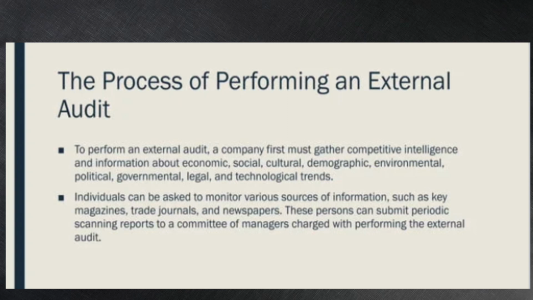Second, individuals can be asked to monitor various sources of information such as key magazines, trade journals, and newspapers. This person can submit periodic scanning reports to a committee of managers charged with performing an external audit.